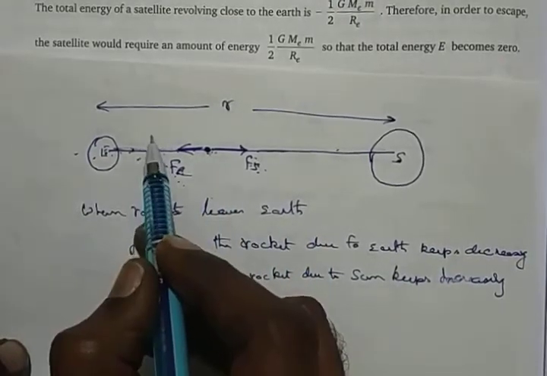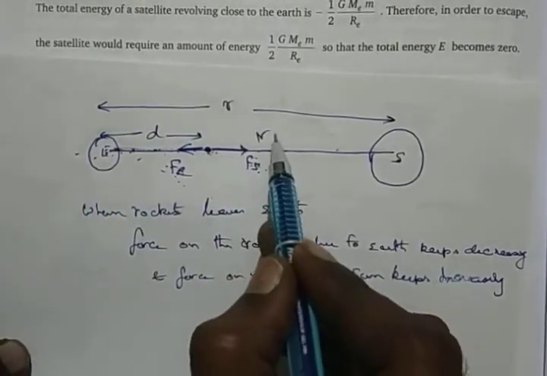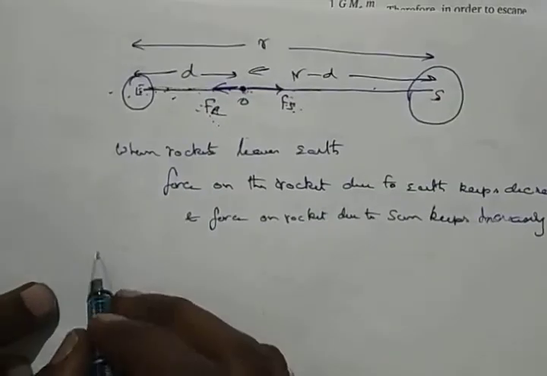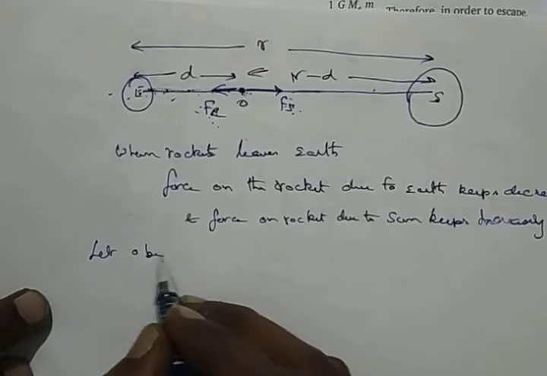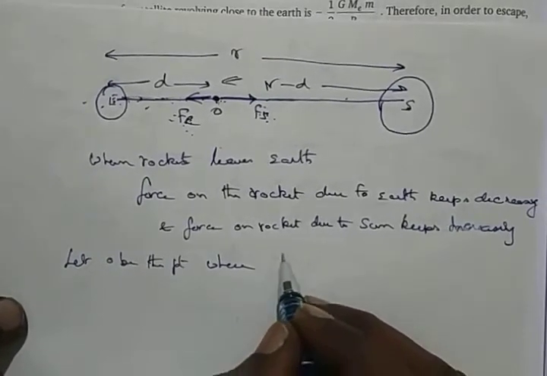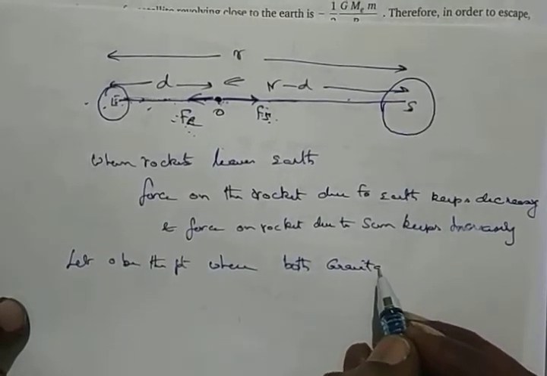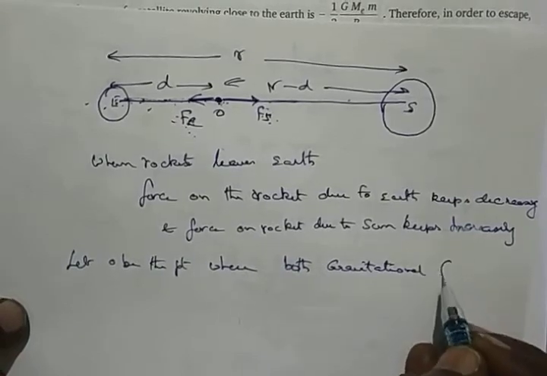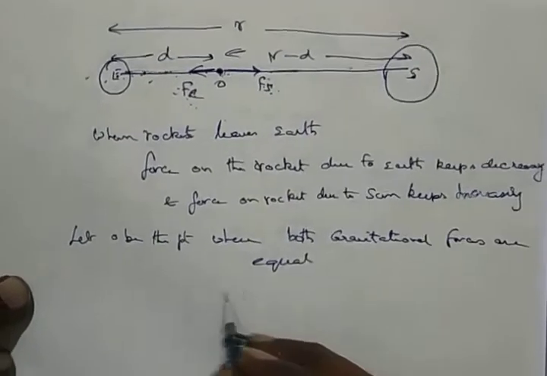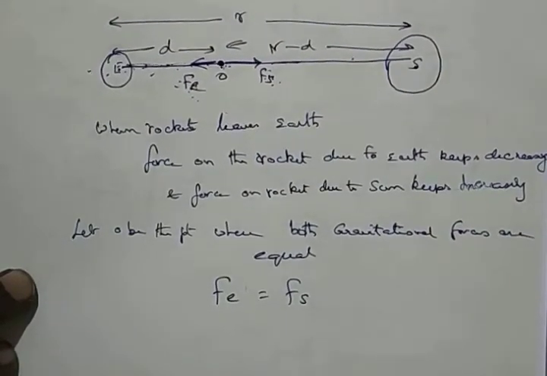So this point, where both the forces are equal, we consider at distance d, and the rest of this is considered as r minus d. So let O be the point where both gravitational forces are equal. Force due to Earth is going to be equal to force due to Sun.